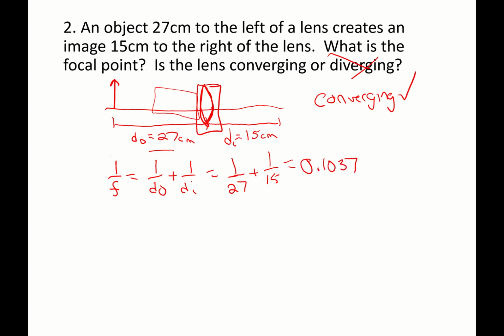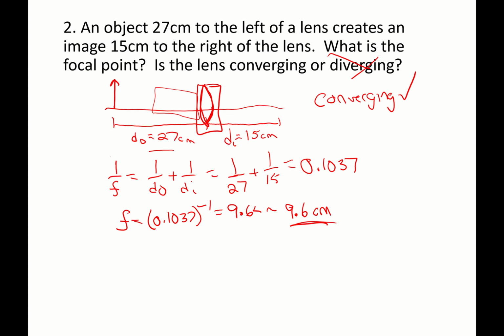So that means that the focal length is going to be 1 over that. So it's going to be 1 over 0.1037, which is going to give us something just a bit less than 10: 9.64. I guess I should round that to two significant figures, 9.6 centimeters. So the focal length of that lens is 9.6 centimeters.